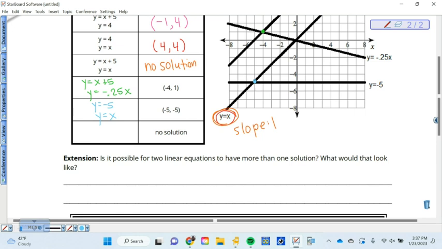Linear equations are always straight. So you can have at most one solution. Linear equations can only intersect once.